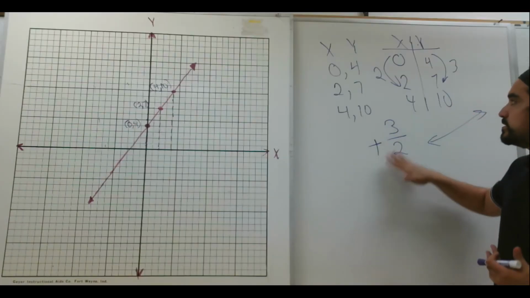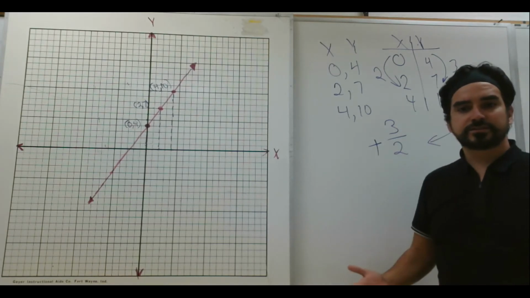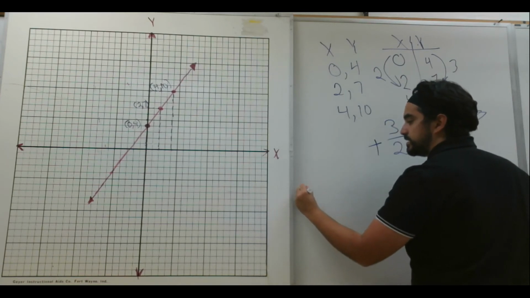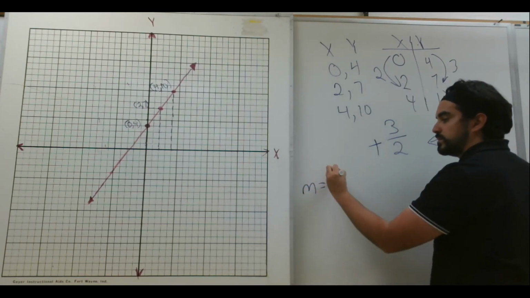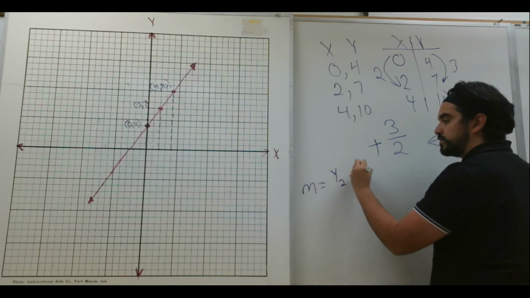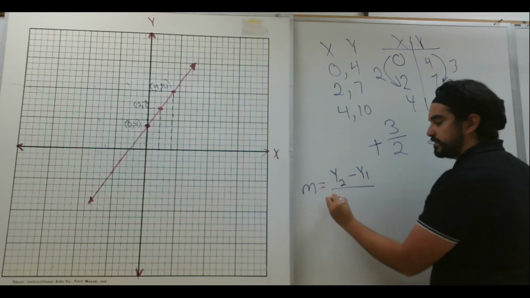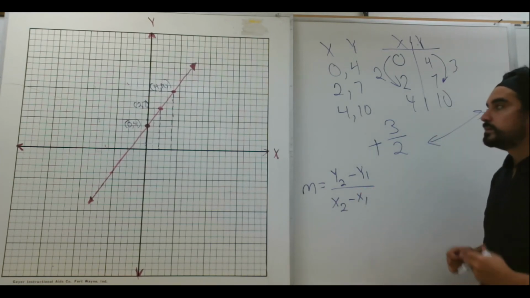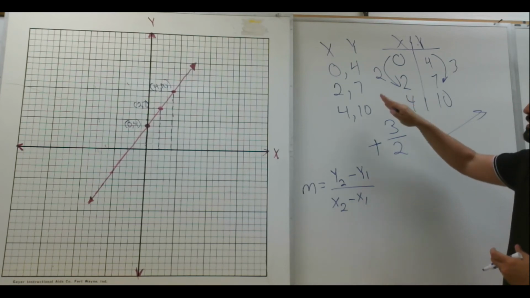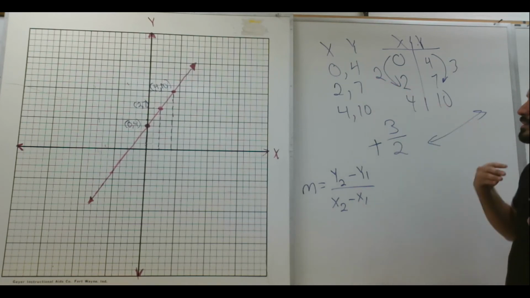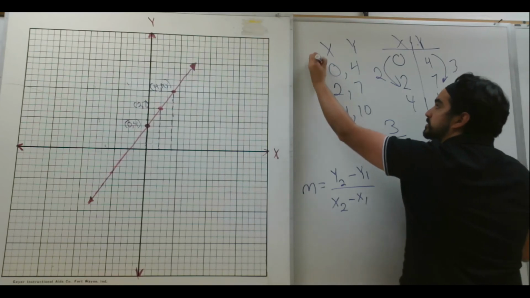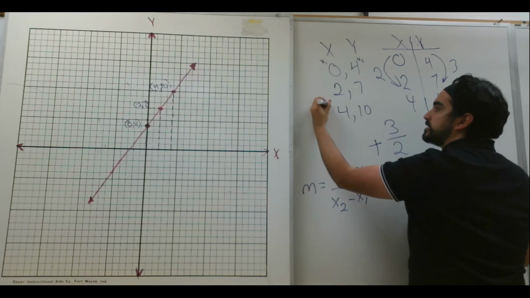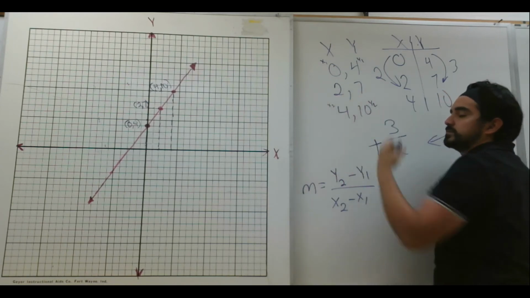All right, now that we found the slope using the table, let's go ahead and try to find the slope using the formula. We know the formula is going to be m equals y2 minus y1 over x2 minus x1. So we need to go ahead and find our points and label them. The ones I'm going to choose is this one, and I'm going to put x1, y1, and this one, x2, y2.